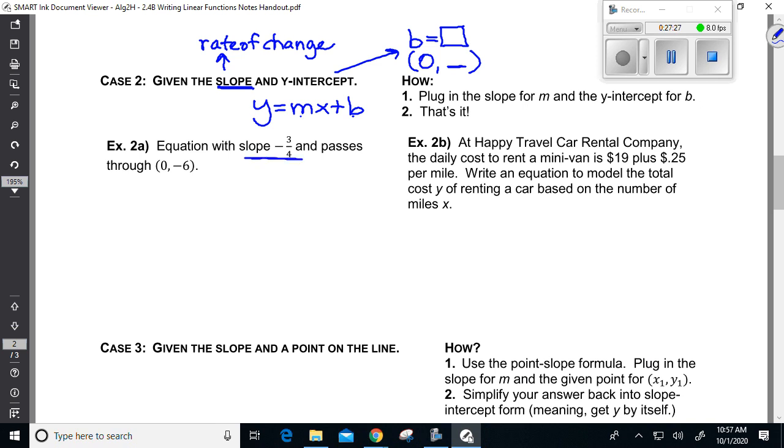So slope is -3/4. There's your slope. That's m. (0, -6) is another way of telling you that this is the y-intercept. So that's b.